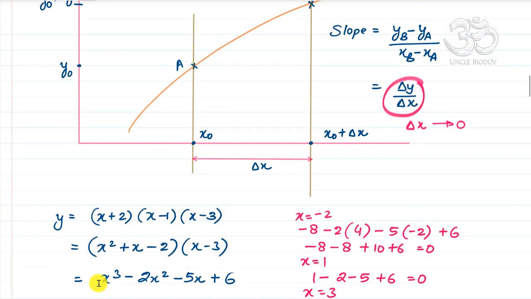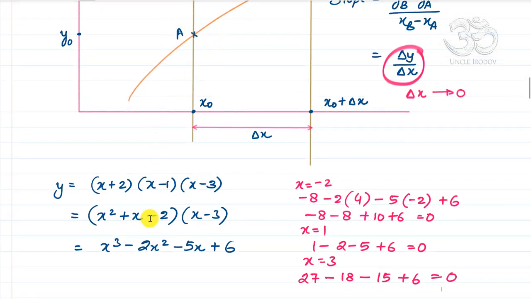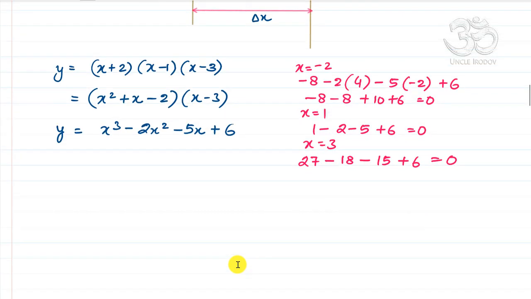Now A lies on this curve, so A should be able to satisfy the equation of this curve. So when I look at the equation of this curve for point A, I can write, for A, y naught is equal to x naught cube minus 2x naught square minus 5x naught plus 6.